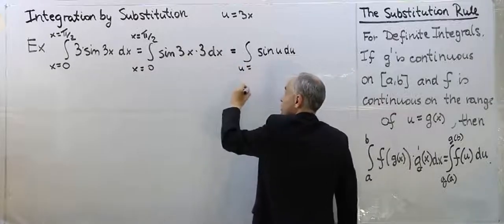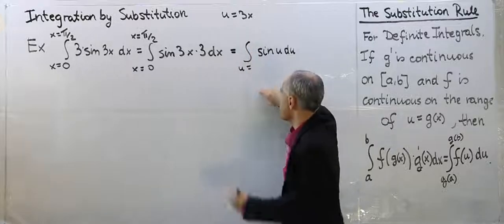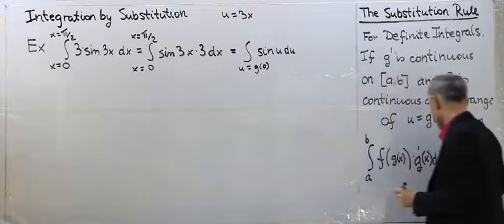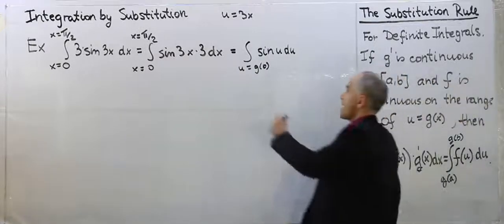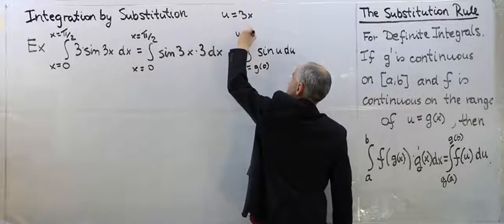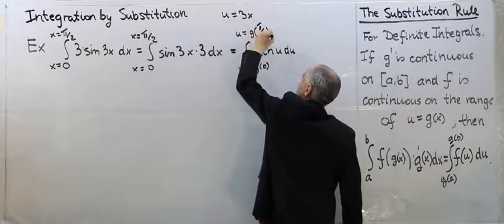So u is equal to, and you find out what u is equal to because it's g of 0, right? See, here the lower limit is g of a. And the upper one is u is equal to g of the upper limit, so g of pi divided by 2.